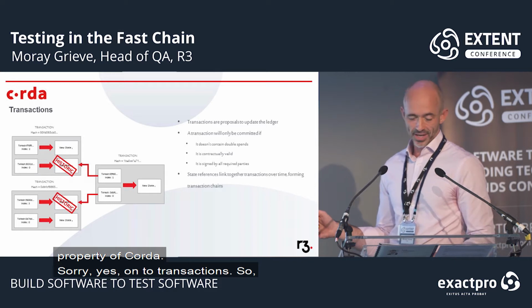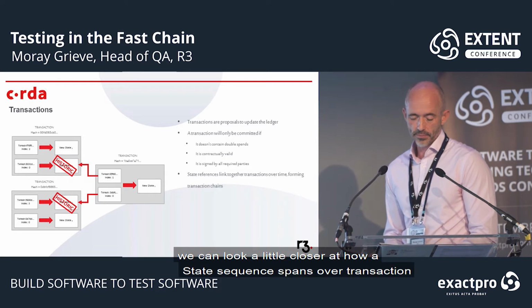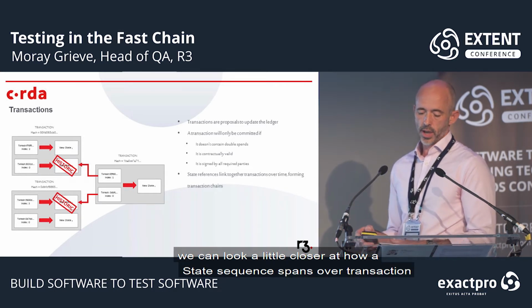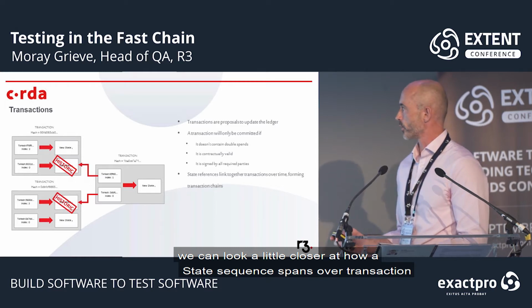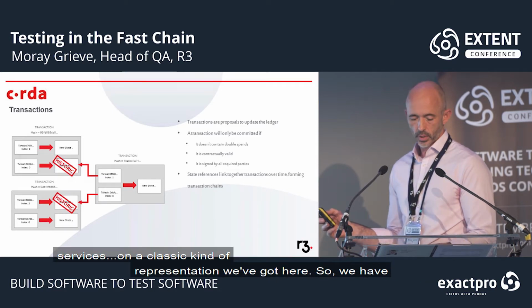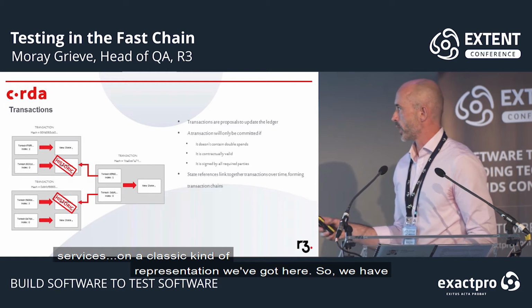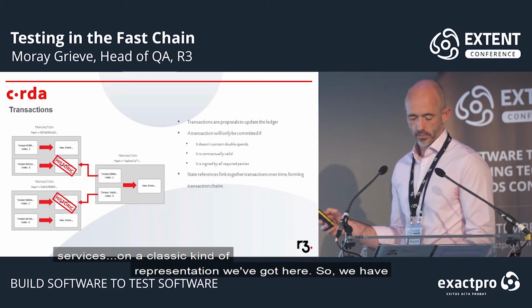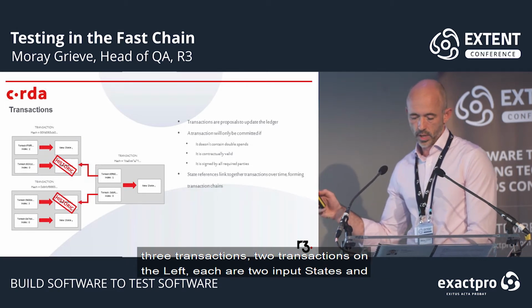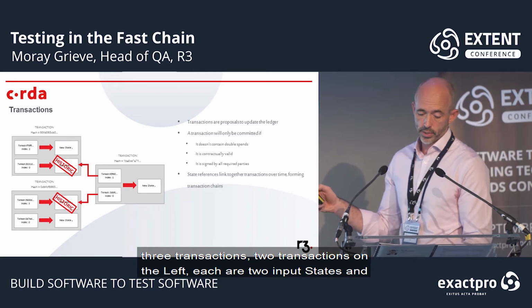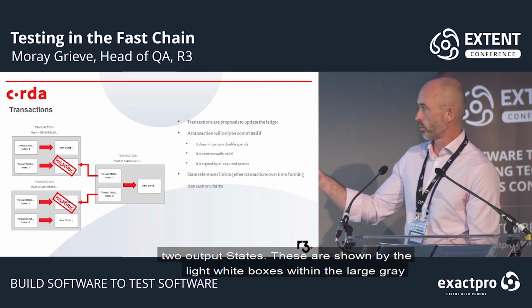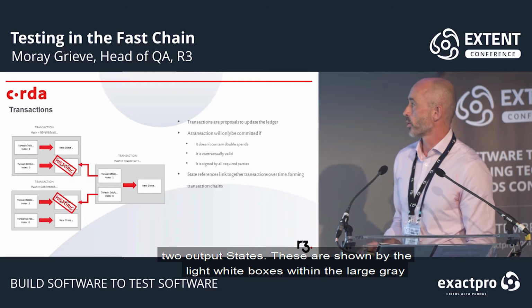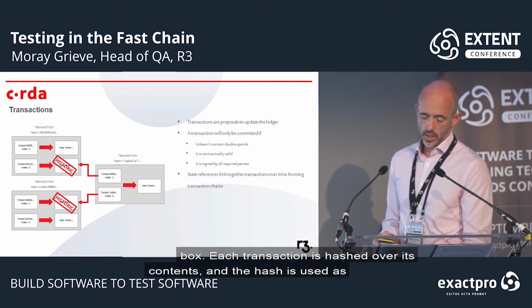On to transactions. We can look a little closer at how a state sequence spans over a transaction. This is quite a classic representation we've got here. So we have 3 transactions. The 2 transactions on the left each have 2 input states and 2 output states. These are shown by the light white boxes within the larger grey box.